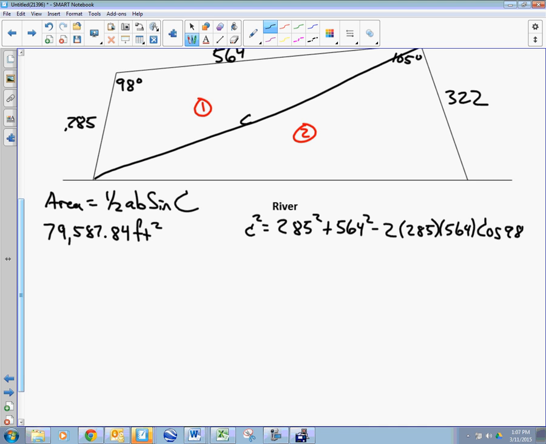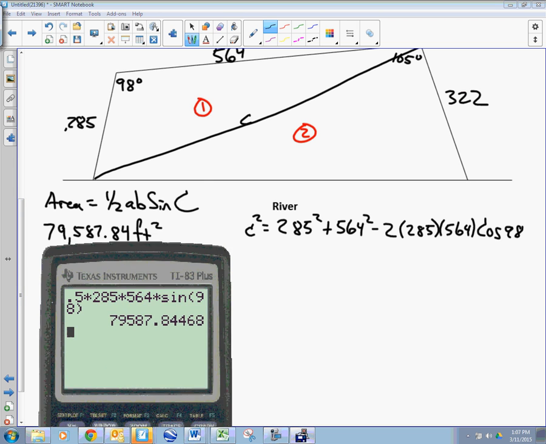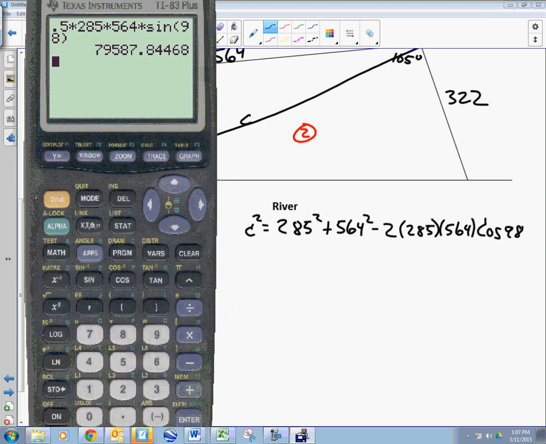Nothing even tricky we have to solve for. We just have to set up the right equation and plug in the numbers. 285 squared plus 564 squared, minus 2 times 285 times 564 times cosine of 98. Is that my answer? Square root. 666.38.